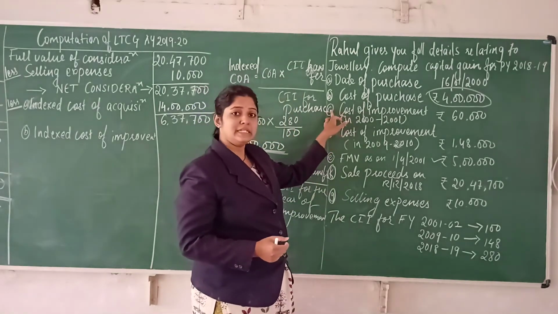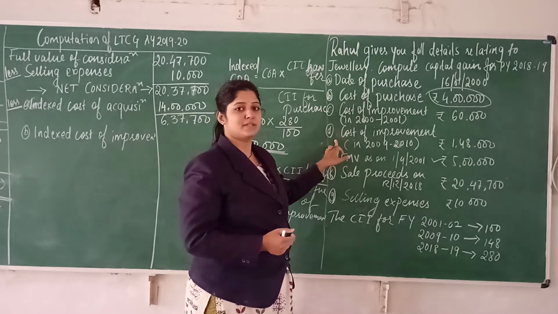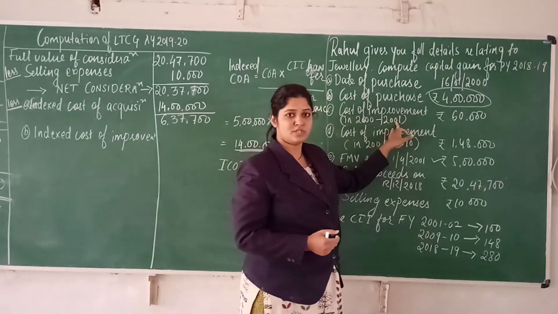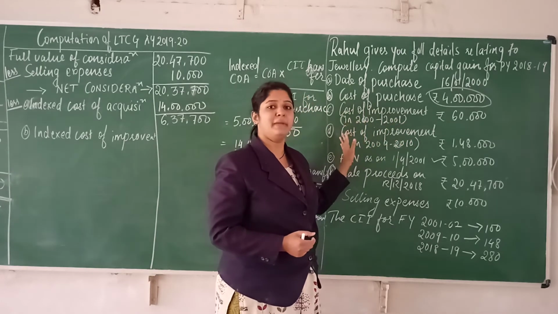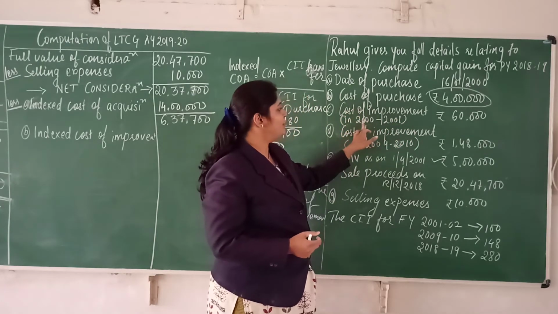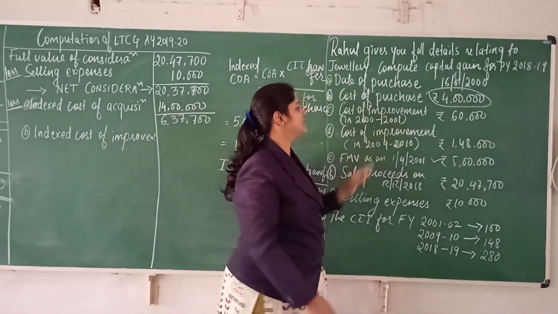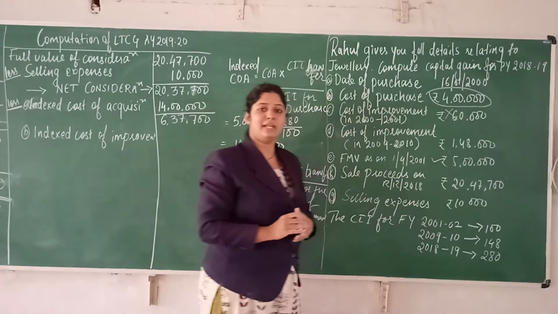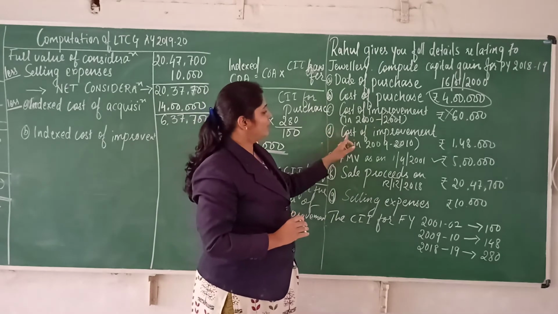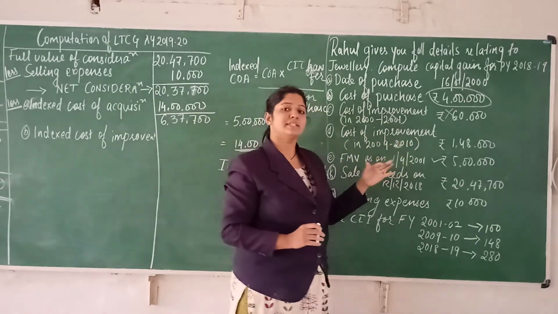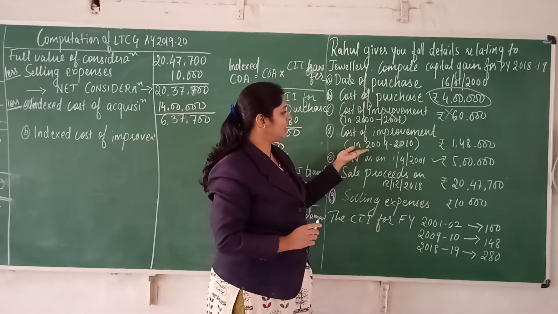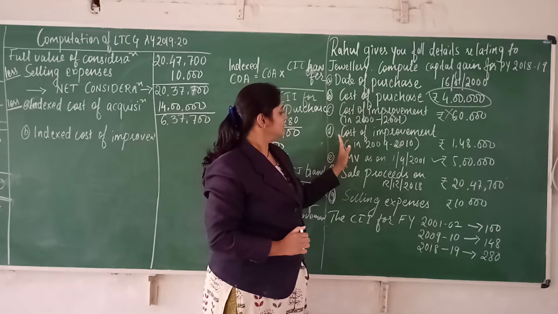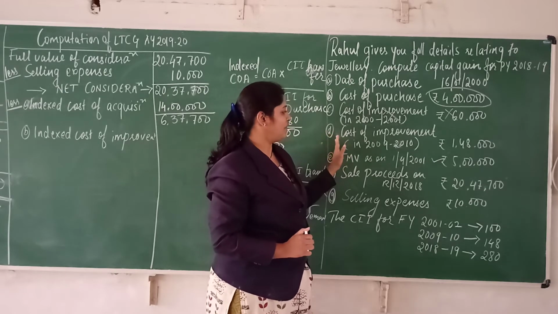Here, in this sum, we are given two improvements. Cost of improvement in the year 2000 and 2001, which is before the base year. So, any improvement taken place before the base year will not be considered while computing capital gain. And cost of improvement taken place after 1/4/2001 will be taken while calculating long-term capital gain.